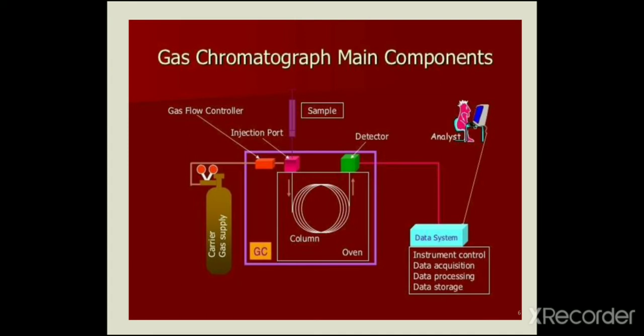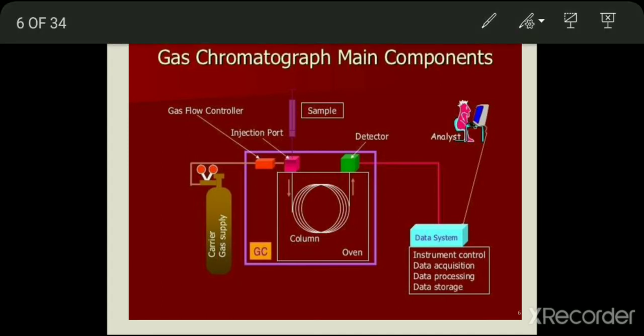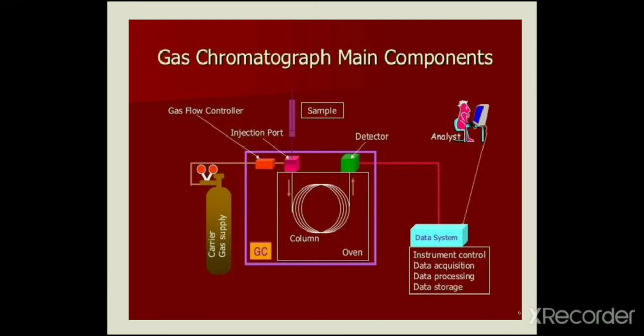First is the carrier gas supply, then the gas flow controller, next the sample injection port, the column, and the detector, and after that it has to be analyzed.